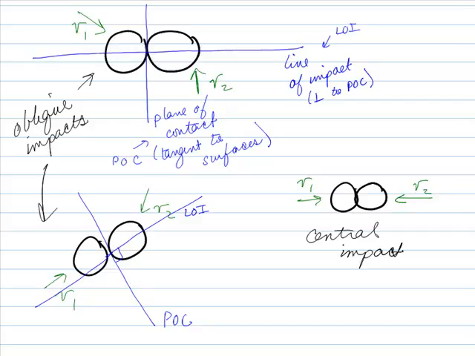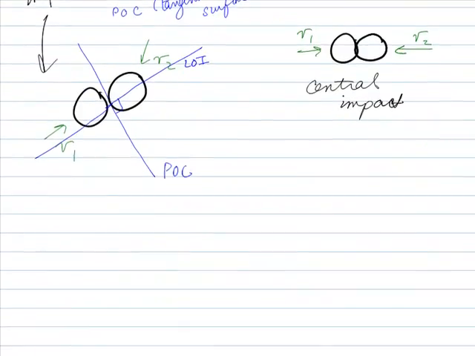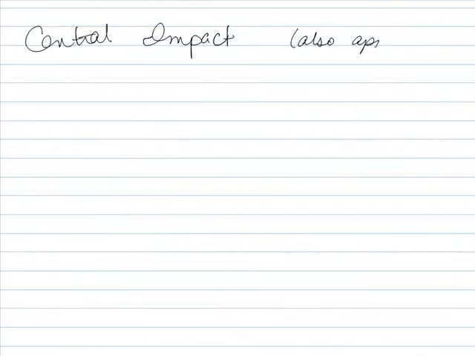Okay, not too bad. We'll get more into why we need to know all this later. The first one we want to look at is a central impact. This applies in general, but it's just easier to understand if we look at this simple example.